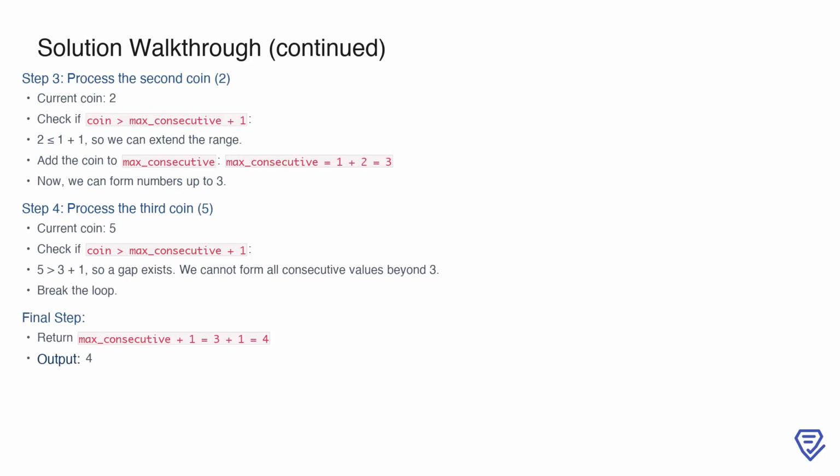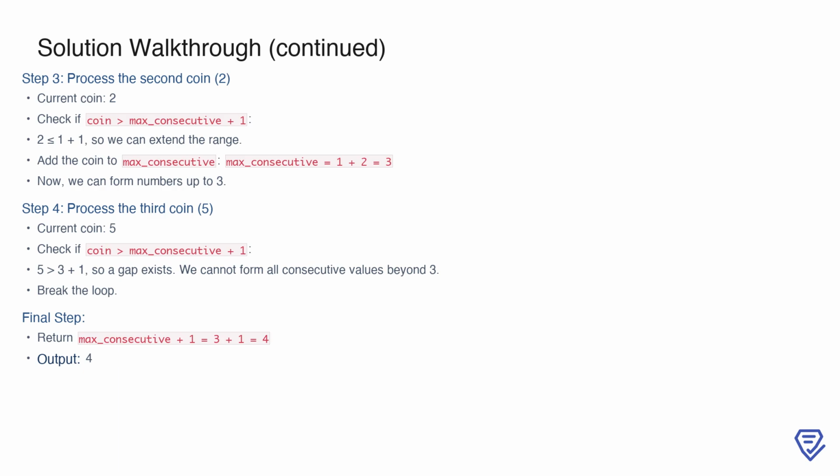Next, we process the second coin, which is 2. Checking if 2 is greater than max_consecutive plus 1, we find that 2 is less than or equal to 2, so we include it. Adding this coin updates max_consecutive to 3, allowing us to form all consecutive values up to 3. Finally, we process the third coin, which is 5.